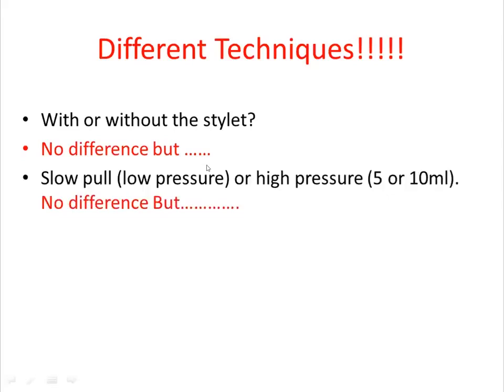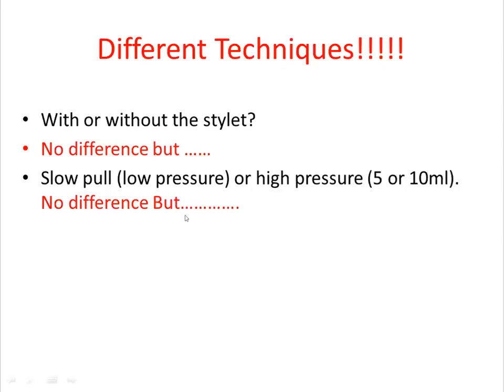The second point is to do a slow pull, low pressure or capillary technique, or a high pressure technique by the syringe. Most of the literature says no difference, but what I do is apply Doppler first before sampling.